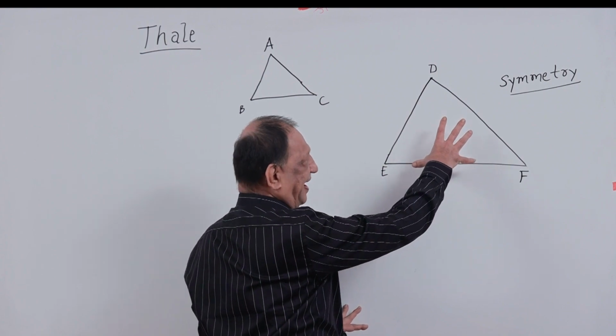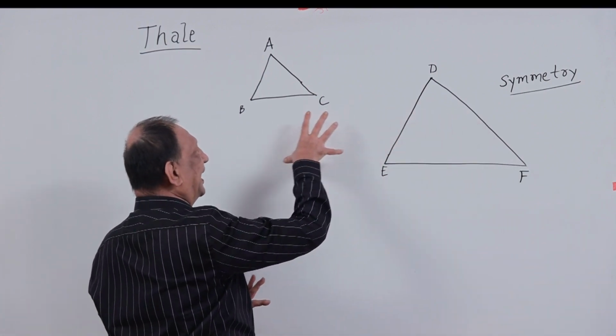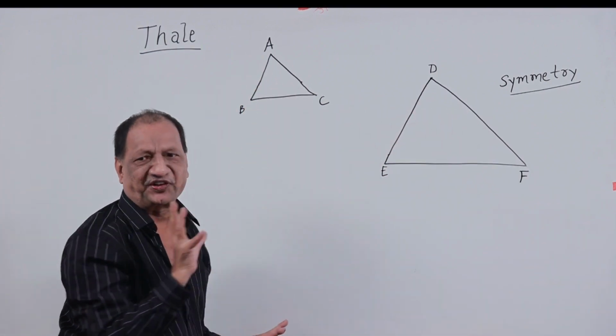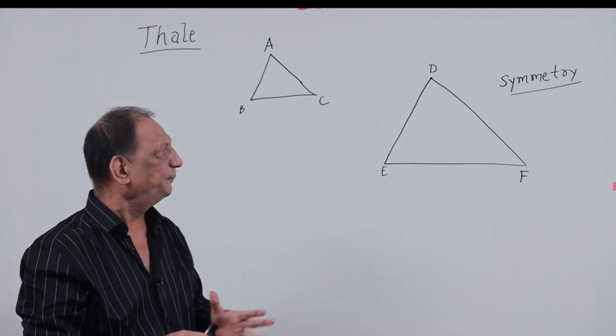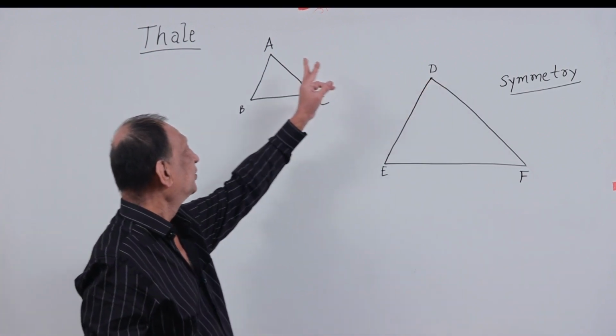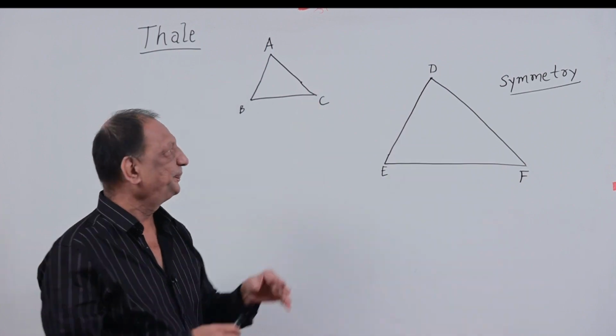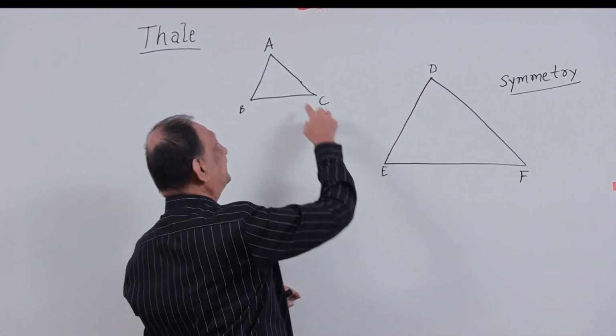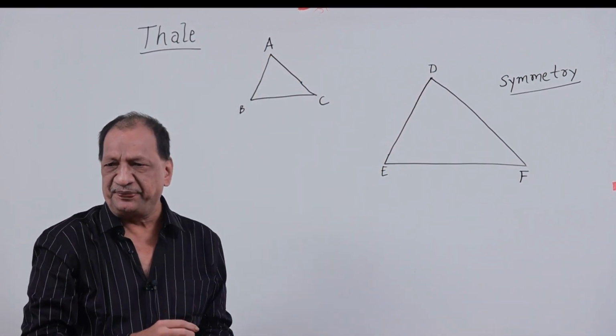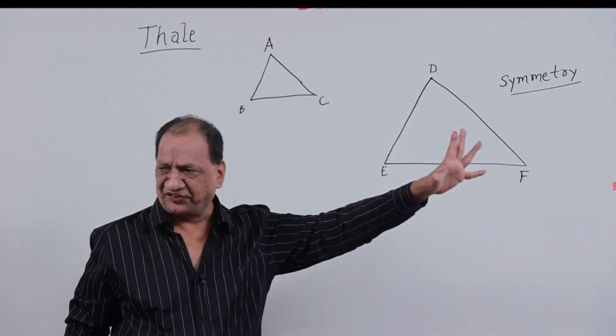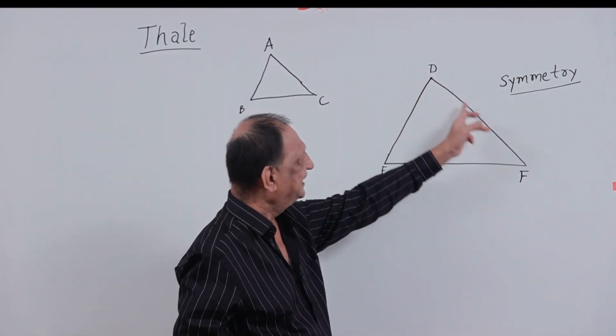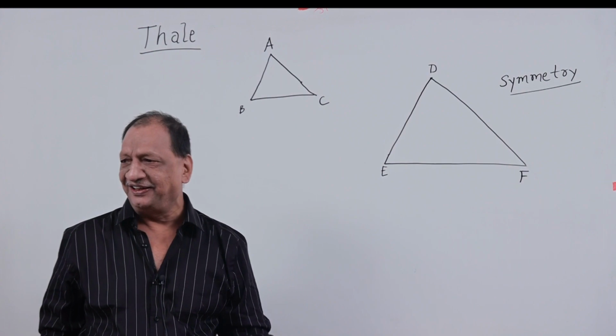second triangle that you have, moving it from here and placing it on top of the first triangle, so that the vertex D coincides with vertex A and the side DE coincides with the line AB, and since the angles A and D are the same, we can expect that DF will definitely coincide with the line AC.